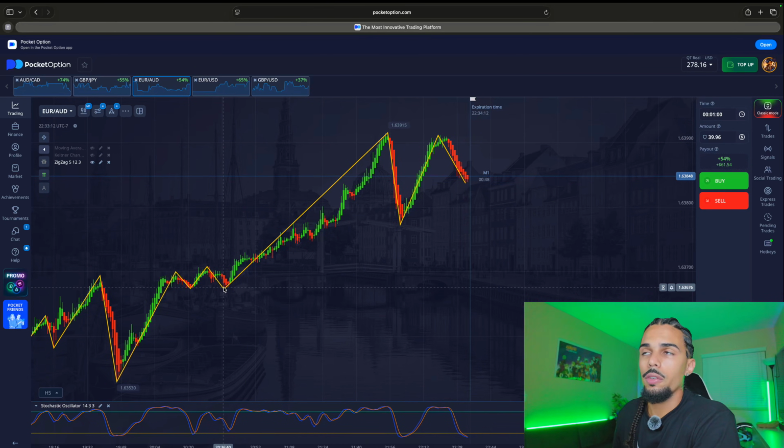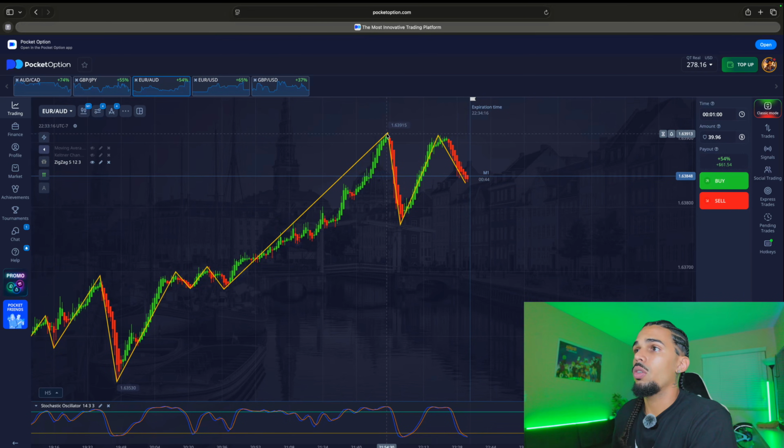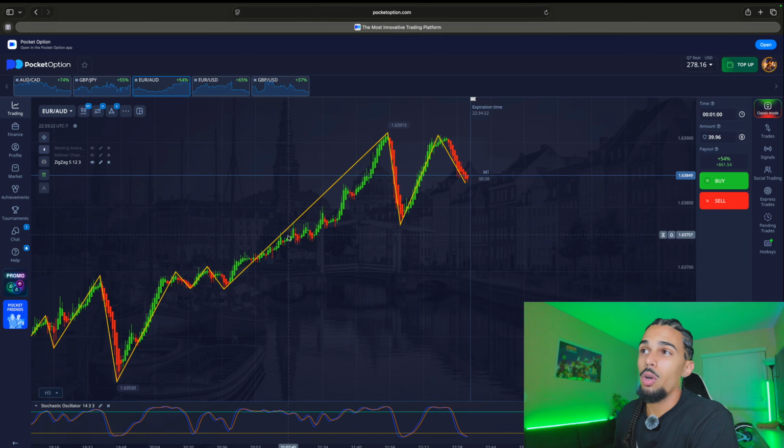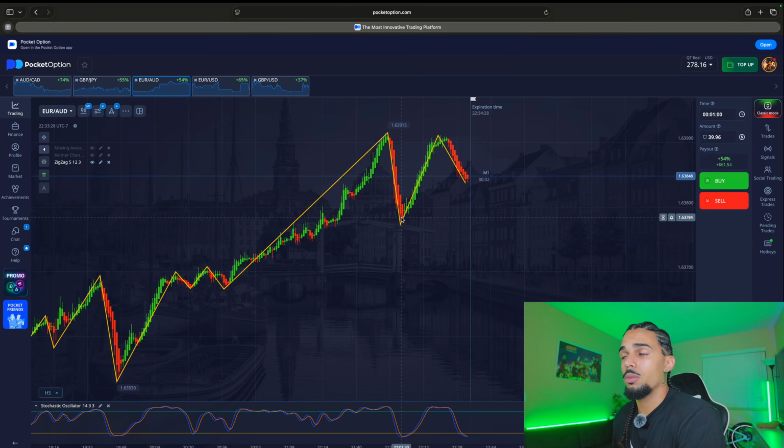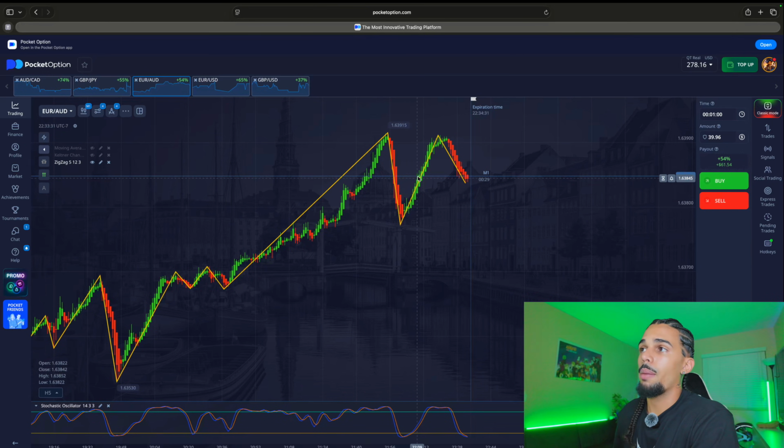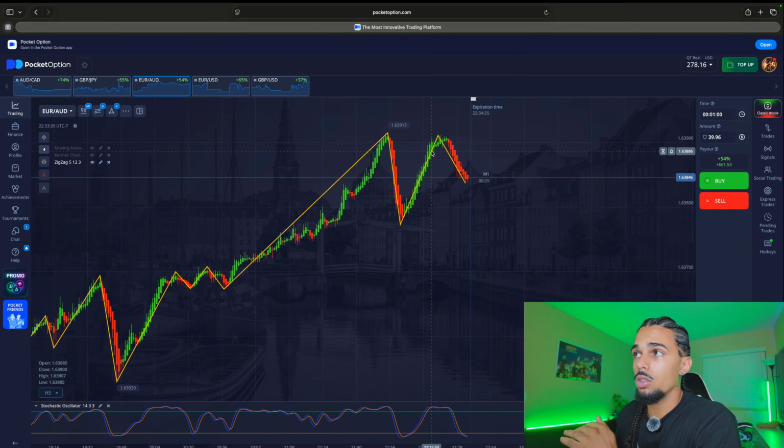This reversal here and this reversal here. Now we came back down, and at this previous zone right here where we had small bits of consolidation, we got another reversal now into the uptrend. Same thing happened, price went upwards, and where we got a previous reversal, now turning into a double top.